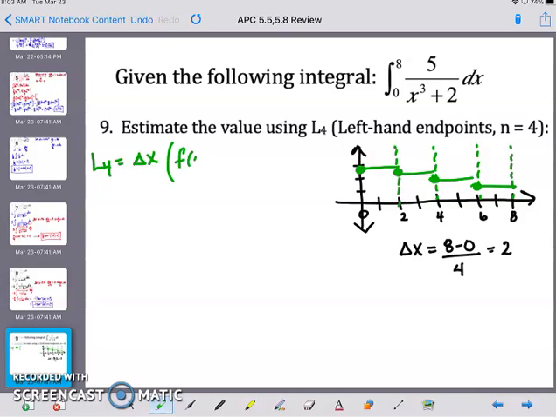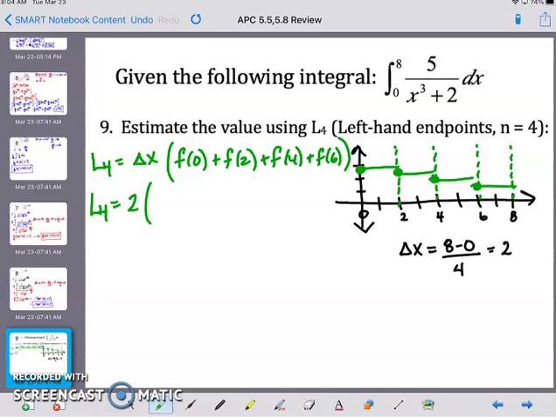So I need to find f of 0, f of 2, f of 4, and f of 6 for my left endpoint approximation. So L4 is going to be equal to, my delta x is 2.